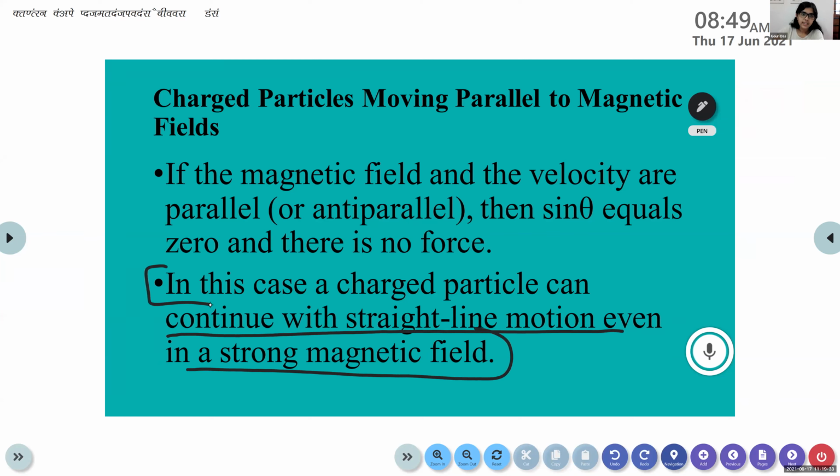Ma'am, should we write this? Oh, yes. This is the conclusion of the first case. Whenever the charge particle is moving parallel to magnetic field, then the charge particle continues in a straight line motion even in a strong magnetic field.